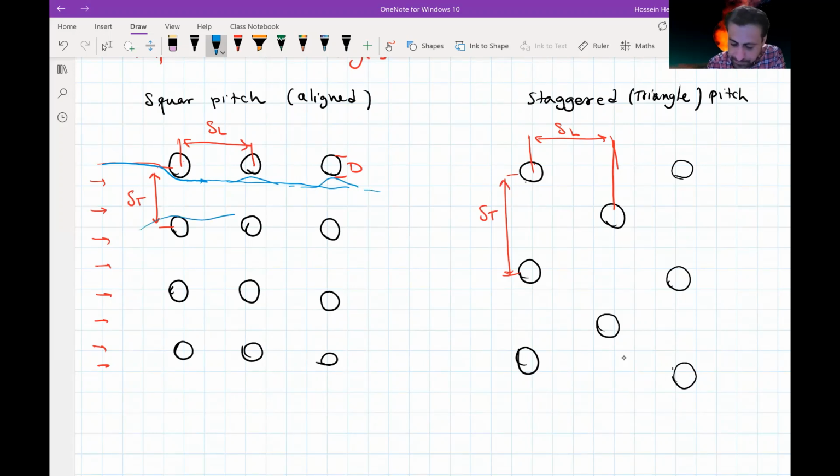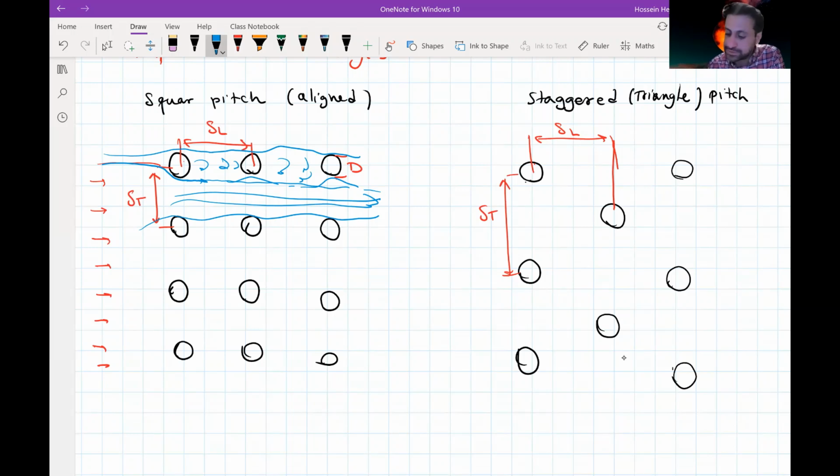When the flow is passing, just schematically, this can be the flow that's passing through the tubes of the heat exchanger. The same thing can happen in the other configuration.